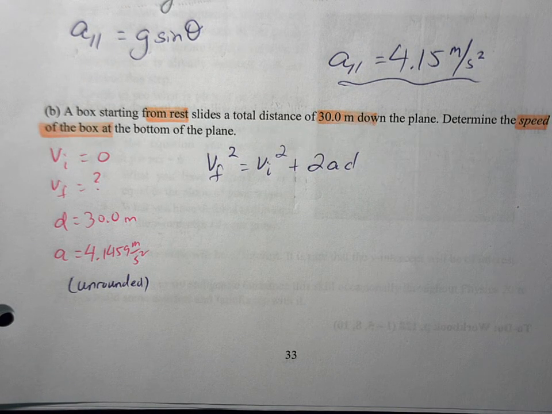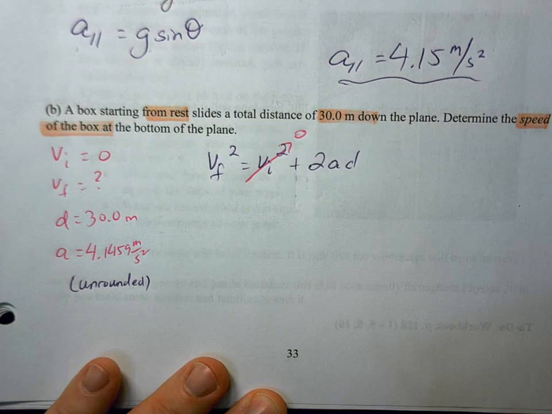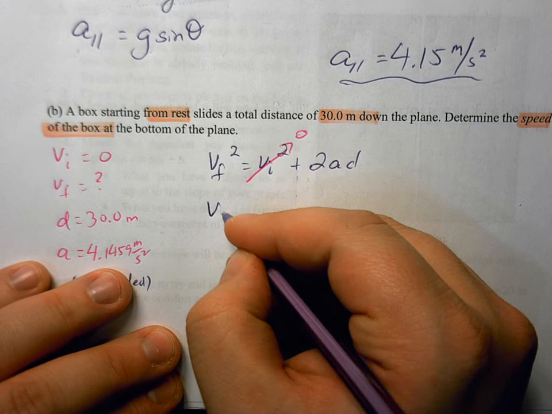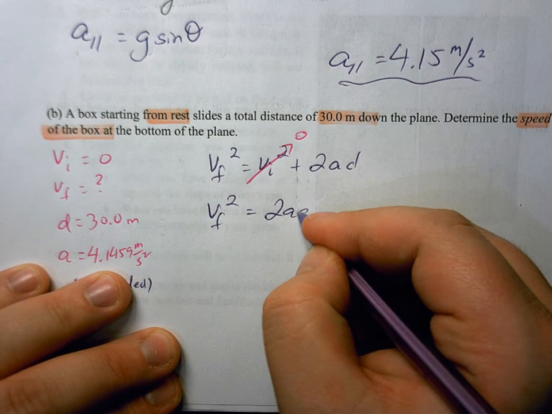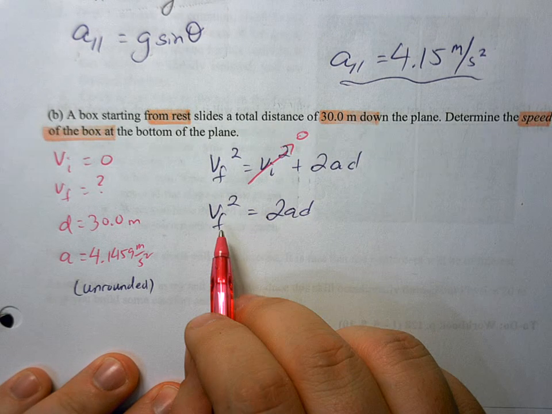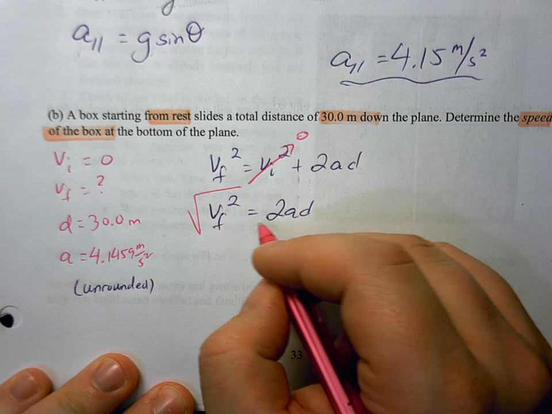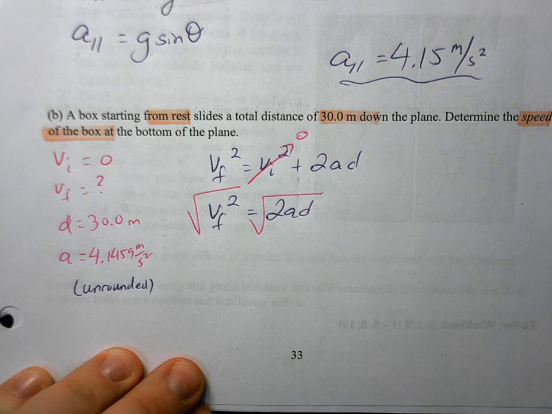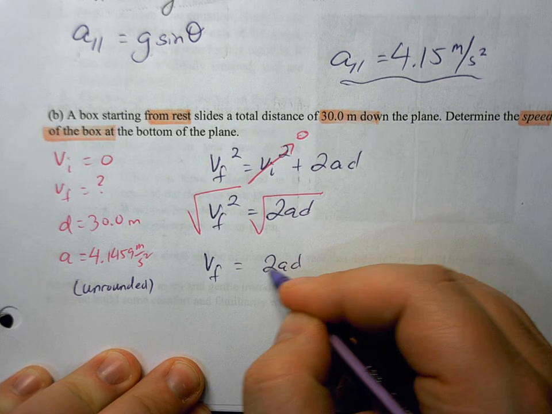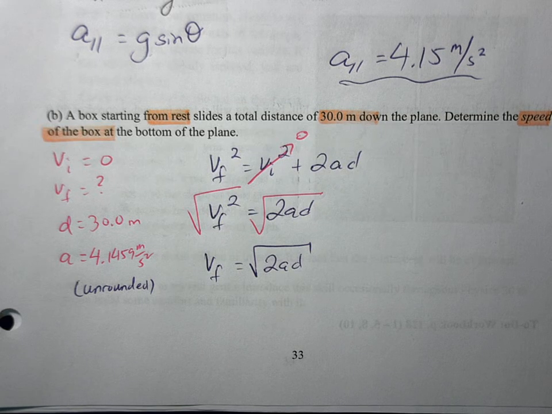And again, since we are starting from rest, VI is going to take a hike. We don't need that. So I get VF squared is 2AD. But this is really nice and convenient as well. We are solving for VF, and we have VF squared. So we're just going to square root both sides. So the final speed at the bottom of this plane is going to be the square root of 2AD.